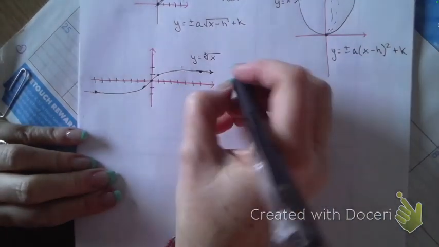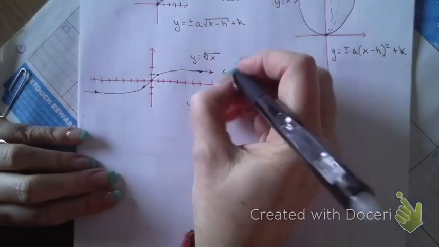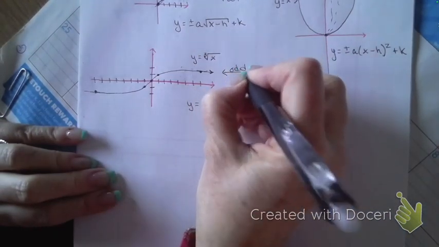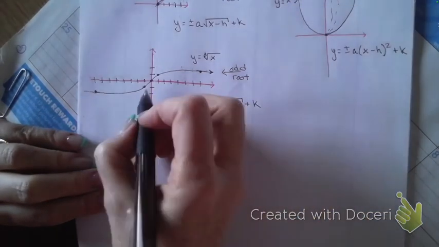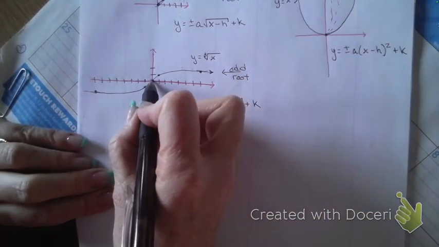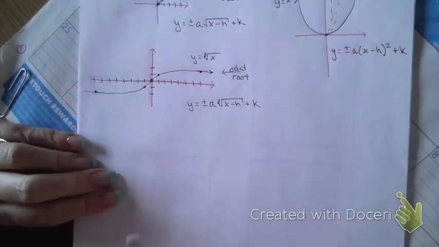So this would be the same shape for any odd root. The point we're moving though is what point? 0, 0. So that 0, 0 would move.